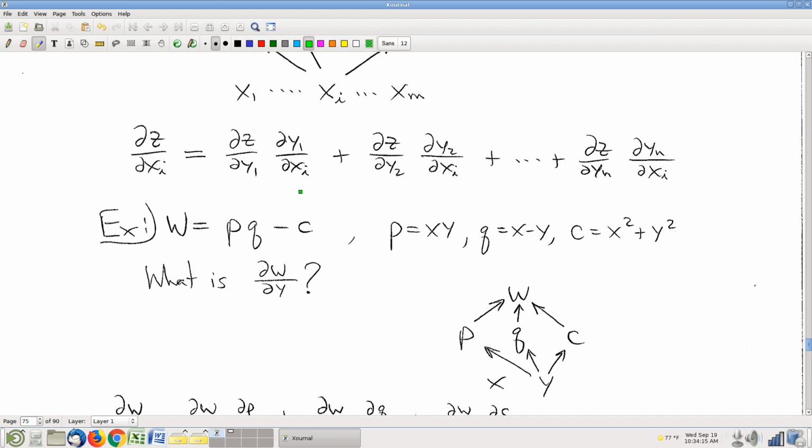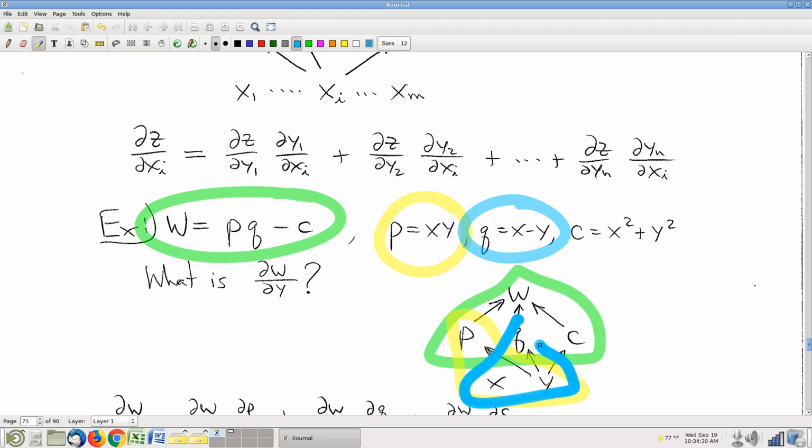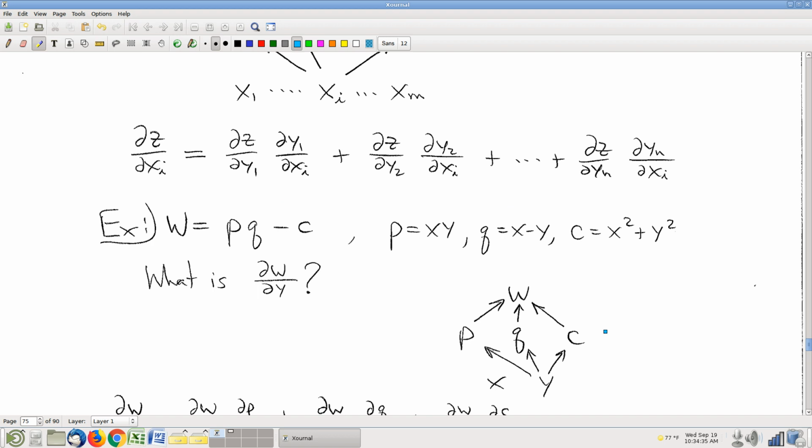And so notice W is a function of, well, apparently P, Q, and C. And then P is a function of X and Y. Q is a function of X and Y, etc. Okay, so having this roadmap made, note the question was to find the partial of W with respect to Y. There's the input variable I'm interested in.